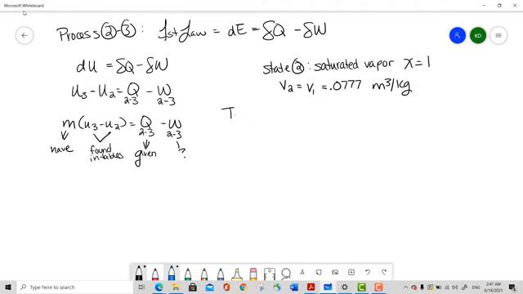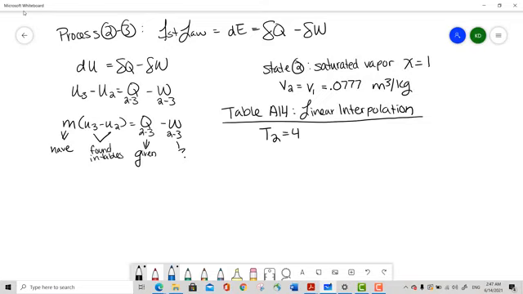And then, again, table A14, we would do linear interpolation. If you need me to run through this, send me an email. I have it. I just am not going to write it down again if no one else needs it, because then it's just kind of a waste of your time.